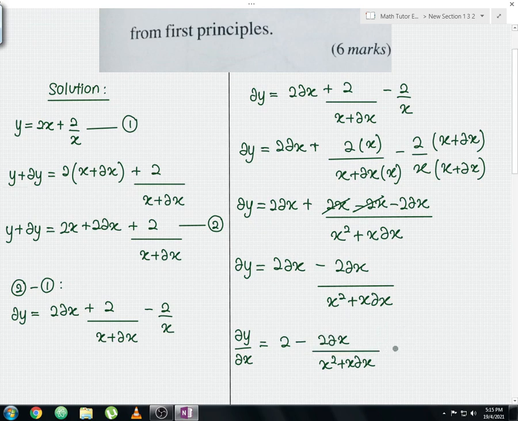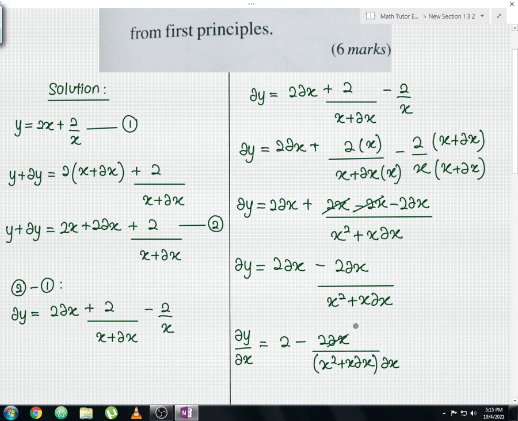Wait a second, guys, let me underline the fraction. Then you times with 1 over delta x. So you divide with delta x, so when you times, it will become 1 over delta x. So this delta x you can write in this way, bracket delta x. You don't expand, you just write in the bracket form. Now this delta x and delta x you can simplify.